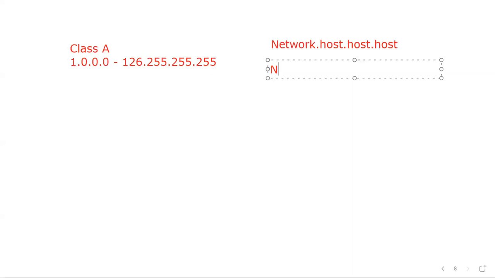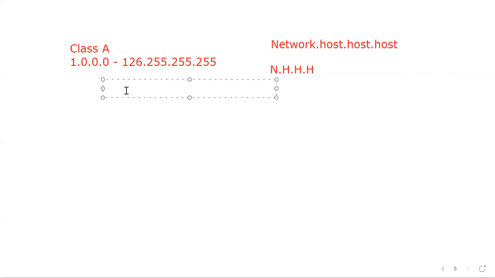How many IP addresses can we give? Starting from 0 to 255, so it will be 256 into 256 into 256. This much we can assign in class A.